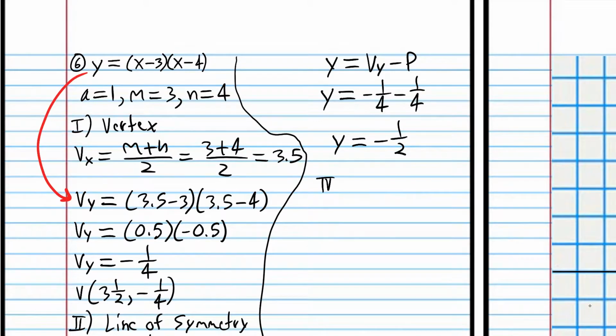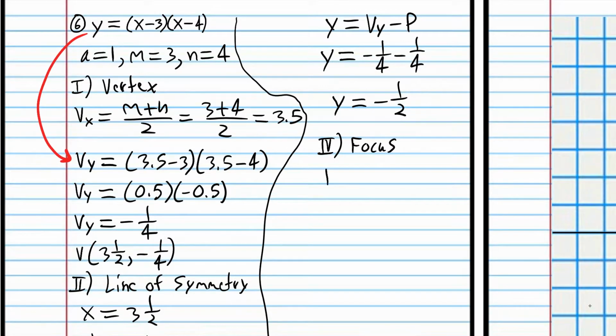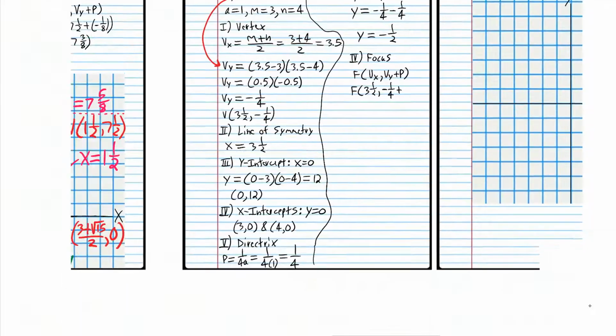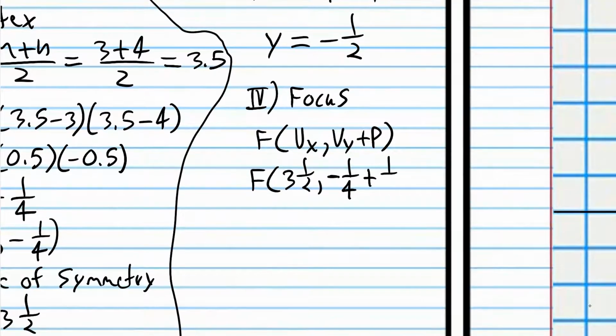So that's the equation of the directrix. And now finally we're going to find the focus. And the x value of the focus is the x value of the vertex, and the y value of the focus is the y value of the vertex minus p, or excuse me, plus p. So the x value of the vertex is 3 1/2. The y value of the vertex is negative 1/4, and then we're going to add p, and p is positive 1/4.